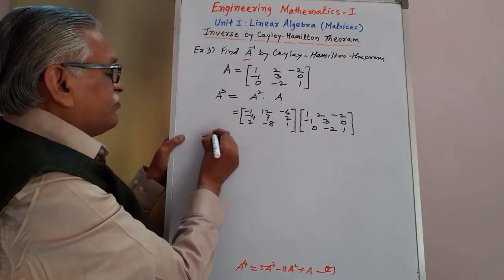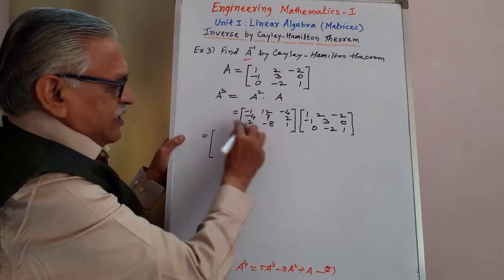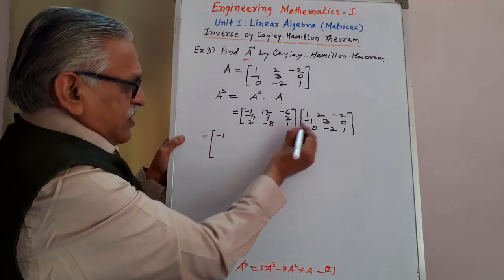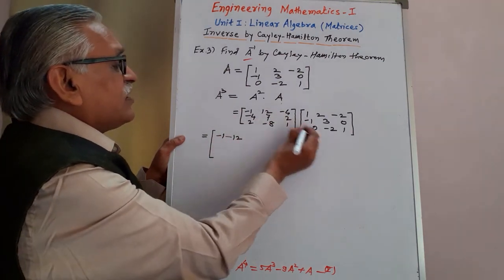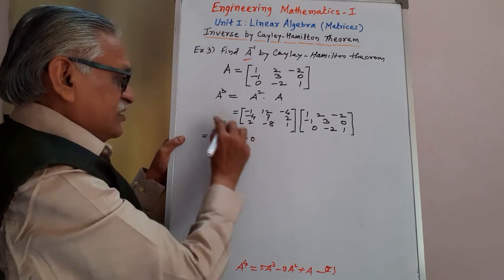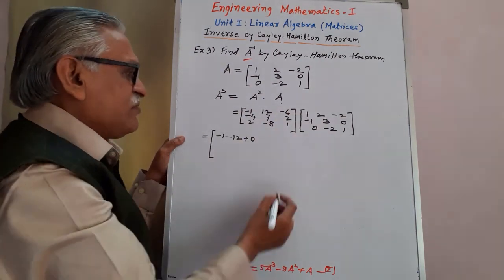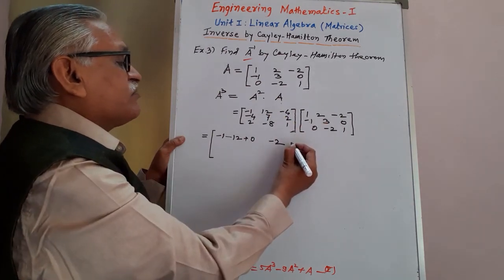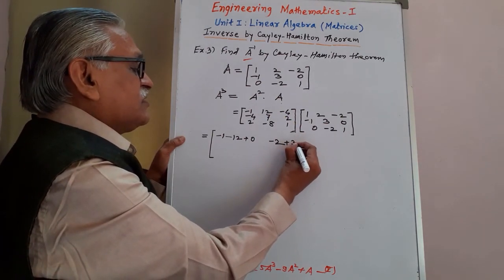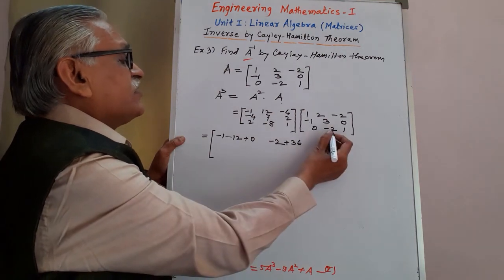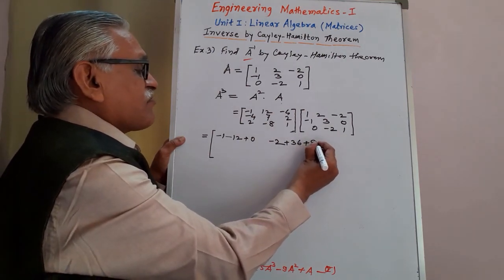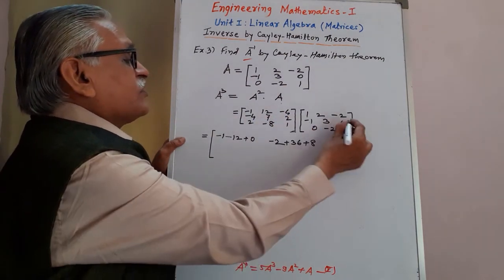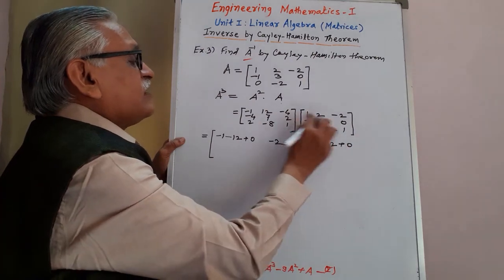It is equal to multiplying the first row by the first column: minus 1 into 1 we get minus 1, 12 into minus 1 we get minus 12, and 0. Then the same row by the second column: 2 into minus 1 we get minus 2, 12 into 3 is 36, and plus 8. Same row by the third column: plus 2, 0, and minus 4.